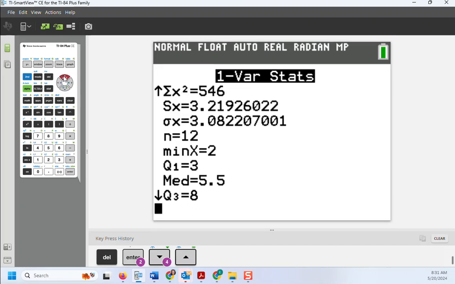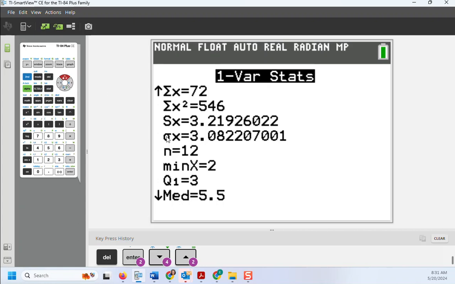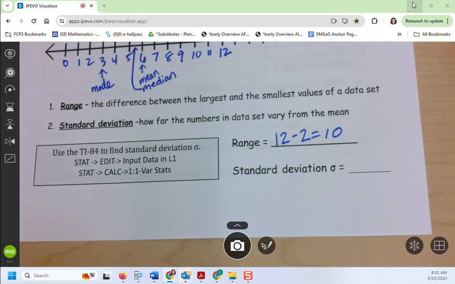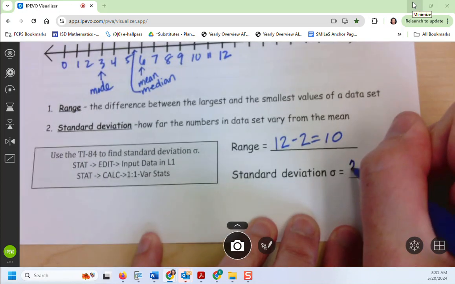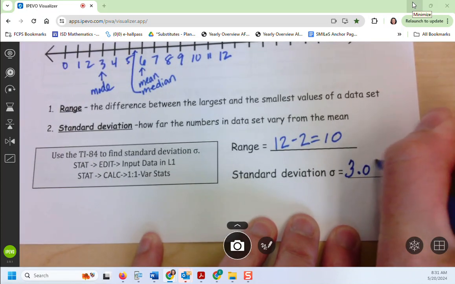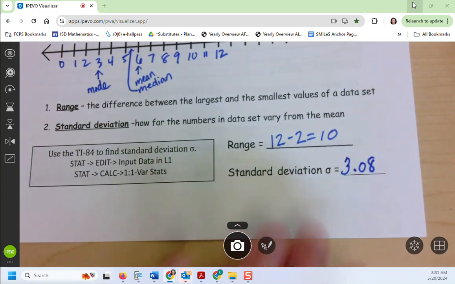But what we're looking for right now is the standard deviation, which is right here. So I'm going to write 3.08 for my standard deviation. It's this one with a sigma in front, okay? 3.08. Did you guys also get 3.08? Okay. Good.